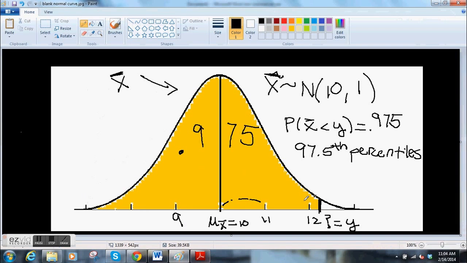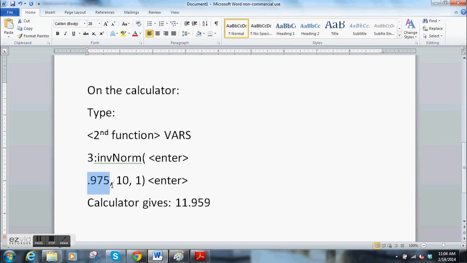In this case, everything to the left is 0.975. So type in 0.975, comma, then the mean, which is 10, and the standard deviation, which is 1, in this case because we're using the standard deviation for x bar. And then you hit enter, and your calculator gives you 11.96.